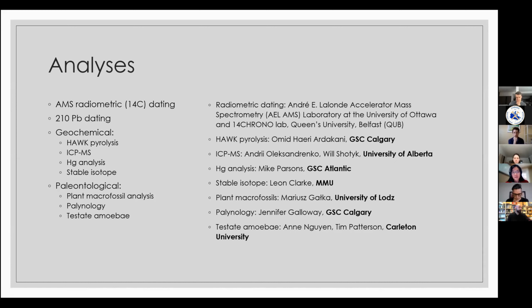Plant macrofossils were sent to Marius Galtka, palynology to GSC Calgary, and then I'm studying testate amoebae at Carleton with Tim Patterson. The results that we currently have back are the dates, some of the Hawk pyrolysis results, and the plant macrofossil data.